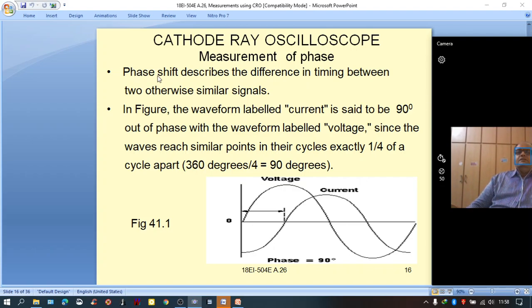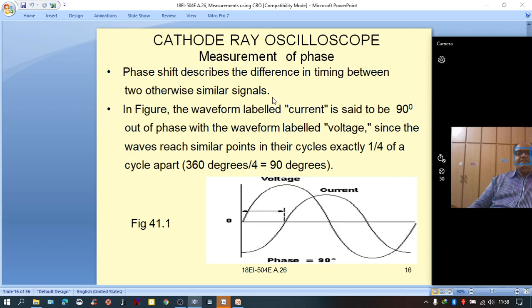So for phase measurement, we have to follow a specific procedure. Phase shift describes the difference in timing between two otherwise similar signals. That is, the signals have the same frequency. Phase shift is measured for signals having the same frequency and same shape.